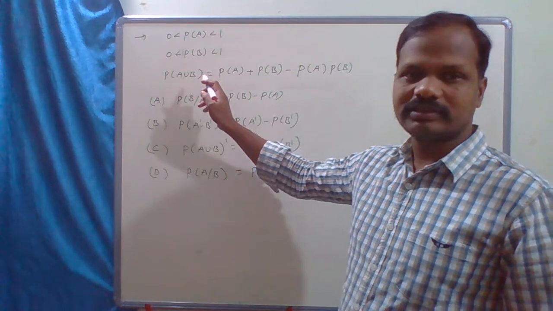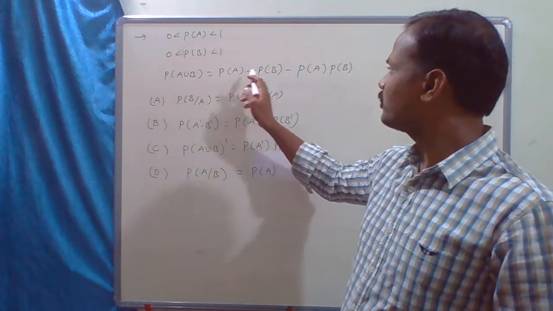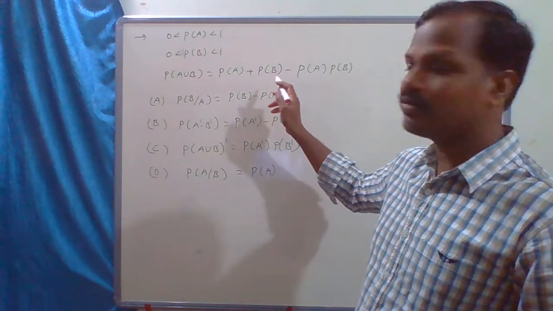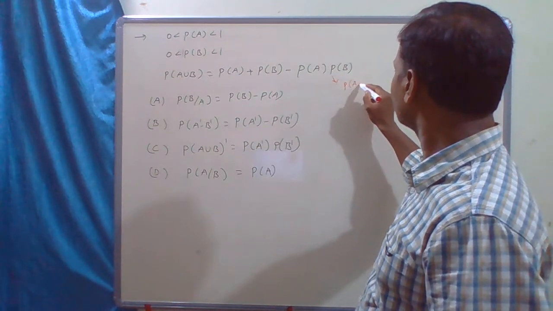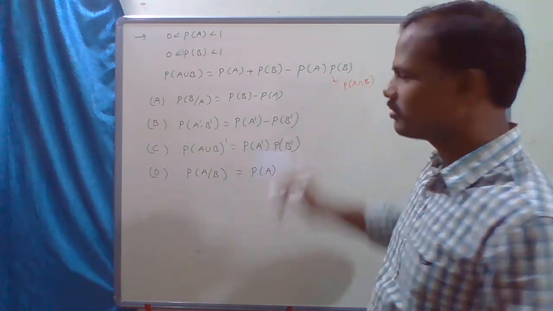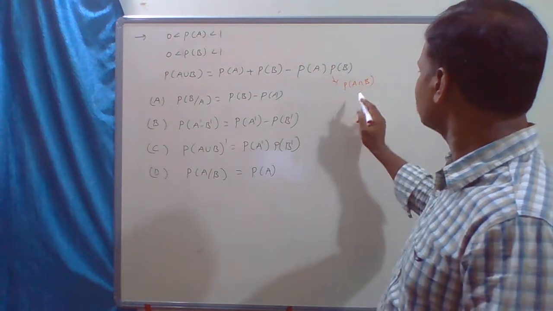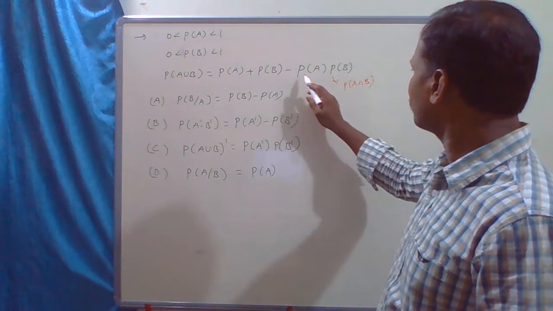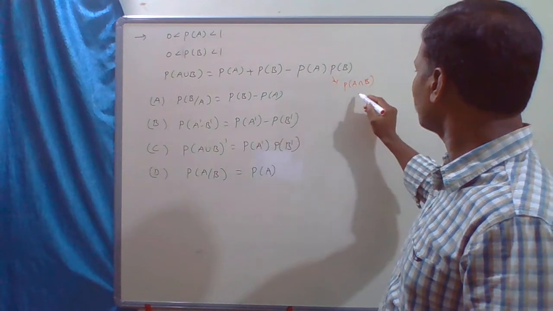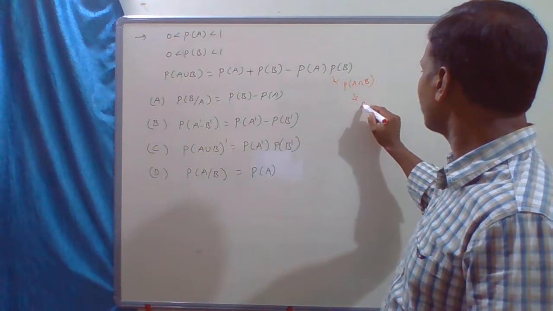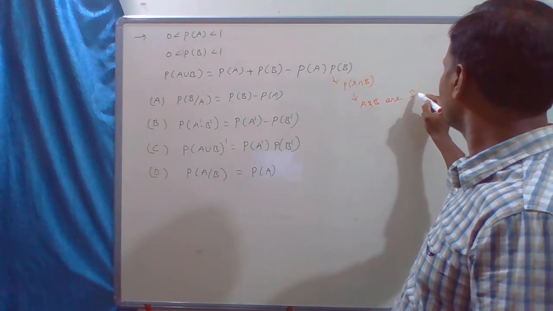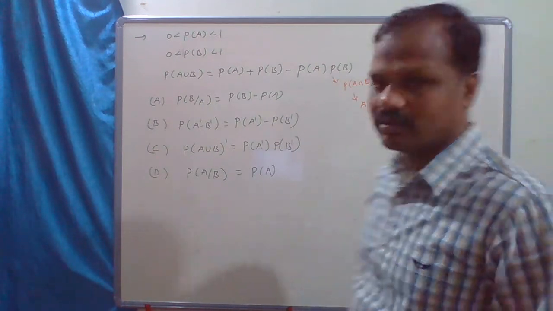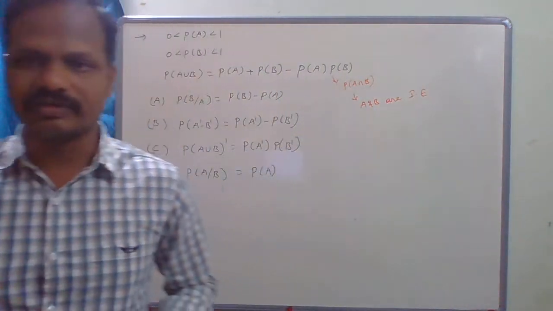That is the addition theorem: probability of A plus probability of B minus probability of A intersection B. So probability of A intersection B equals probability of A into probability of B. So what can you say from this? A and B are independent events.